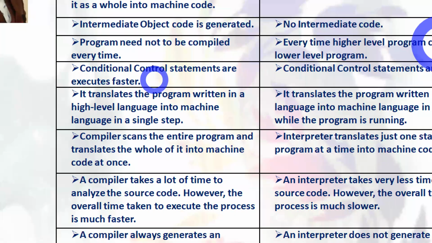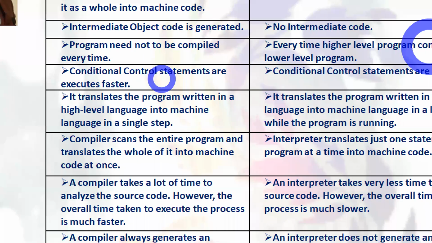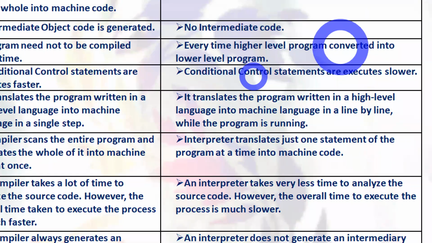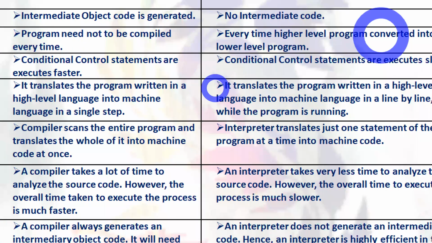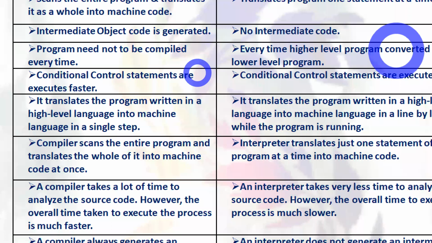And coming to the compiler, conditional control statements execute faster, but in the case of an interpreter, conditional control statements execute slower. Don't worry about what conditional control is: in programming languages we use several conditional control statements like if else, nested if else, and looping statements. At that time the compiler plays a vital role and executes faster, but the interpreter takes more time.